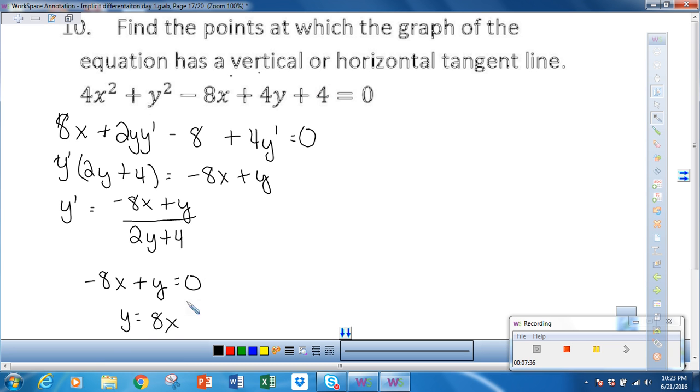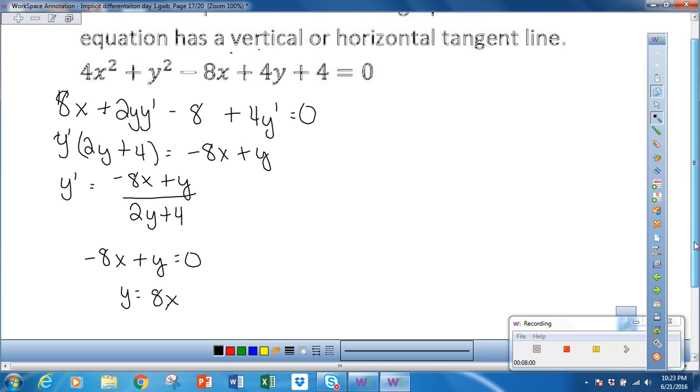Okay? Because this is one equation with 2 unknowns, and this is another equation with 2 unknowns. So I'm going to use substitution, systems of equations and substitution. So every place I see y, I'm going to replace it with 8x.